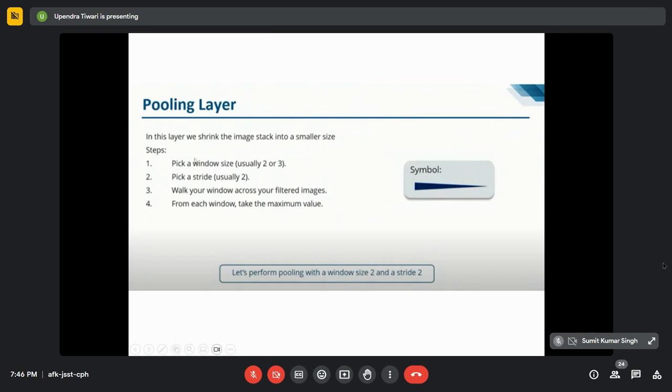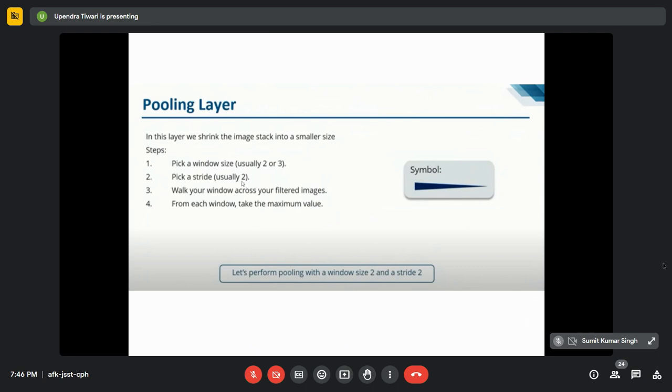To apply this pooling, we pick some window size, and that window size is usually 2 or 3. For our case, we'll be taking 2 by 2, not 3 by 3. Then we need to take the stride, which is usually 2. We can take 1 or 3, but in our case we are going to take 2.